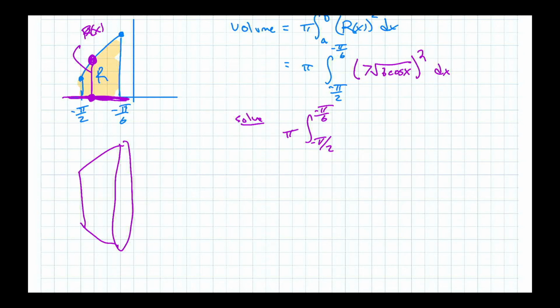Don't forget to square this. Be careful here. You have to square the 7, which is 49. And then you square the square root, which cancels out the square root. So you still have 6 cosine x. So what's 49 times 6? 294. So I'm going to take the 294 out.